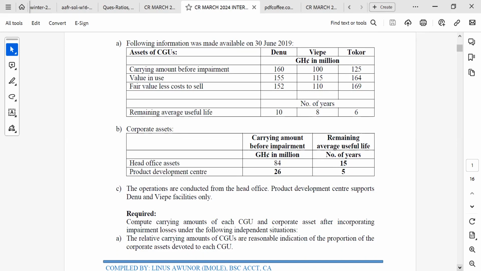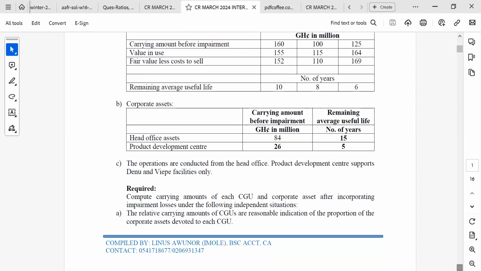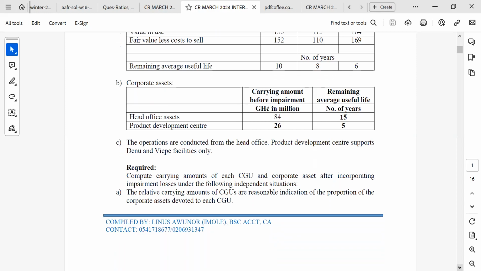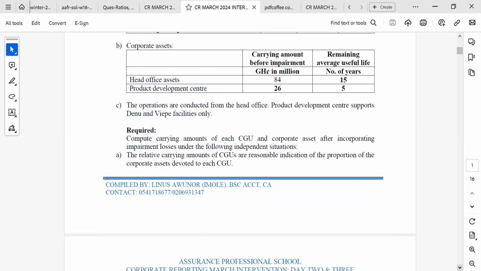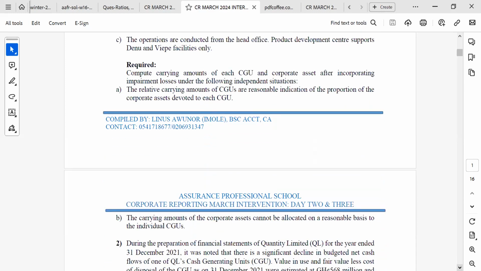Required: compute carrying amount of each CGU and corporate asset after incorporating impairment losses under the following independent situations. A. Relative carrying amounts of CGUs are a reasonable indication of the proportion of corporate assets devoted to each CGU. And B. The carrying amounts of the corporate assets cannot be allocated on a reasonable basis to the individual CGUs.